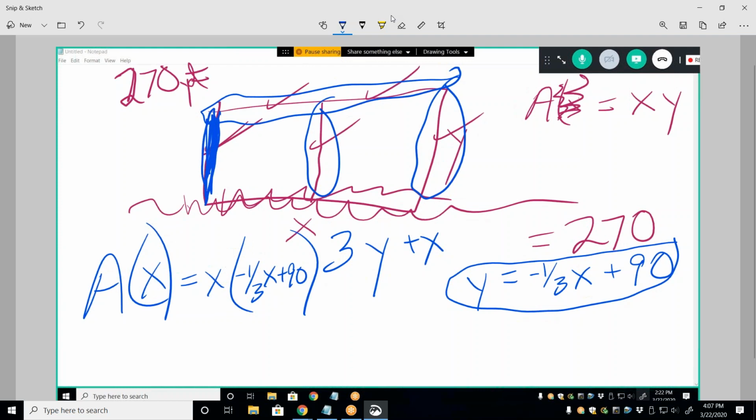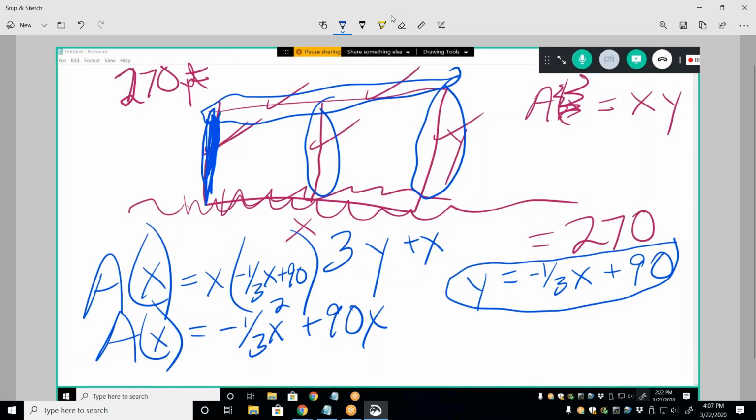With me? That's minus 1/3 x squared plus 90x. That is a parabola. And the height of that parabola is my area. If I were to graph that function, it's going to go down, right?